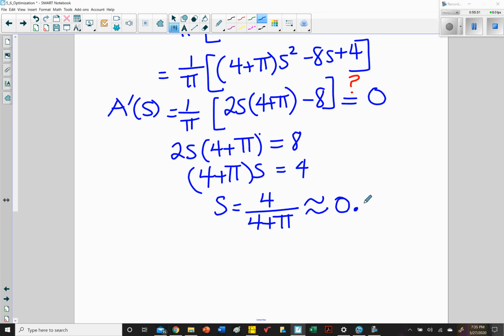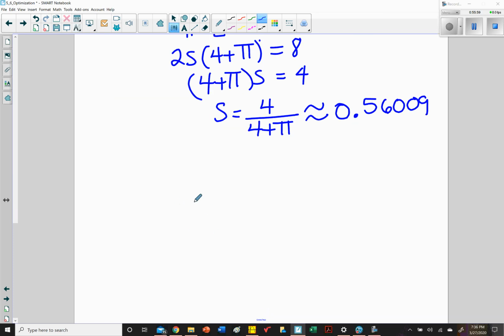So when the side is 0.56009, by the first derivative test, A prime should be 0. That should be a minimum. 0.560, and we're going to make a minimum happen.